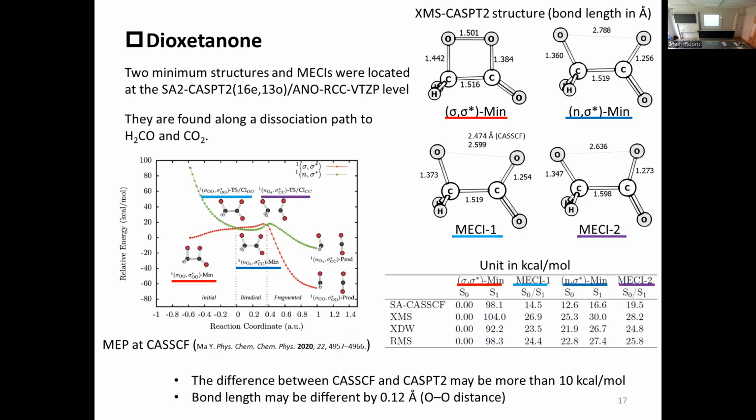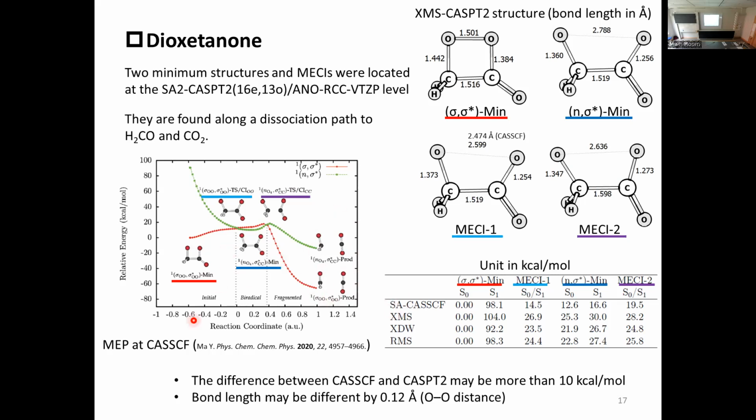And this is a little more difficult to do because the active space is a little large, 16 electrons in 13 orbitals. But I did this kind of calculation. And this is dioxethanol, and we can find some stationary points from this minimum to the dissociation channel.